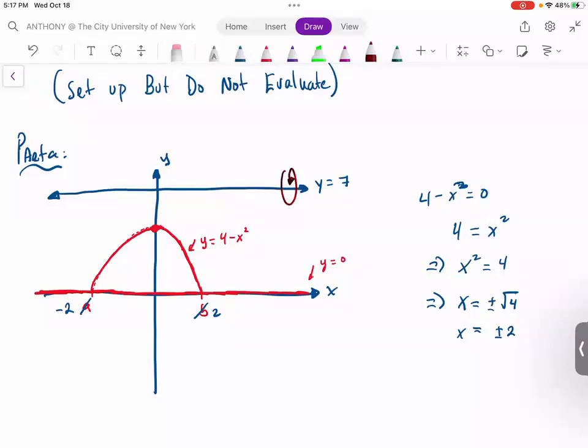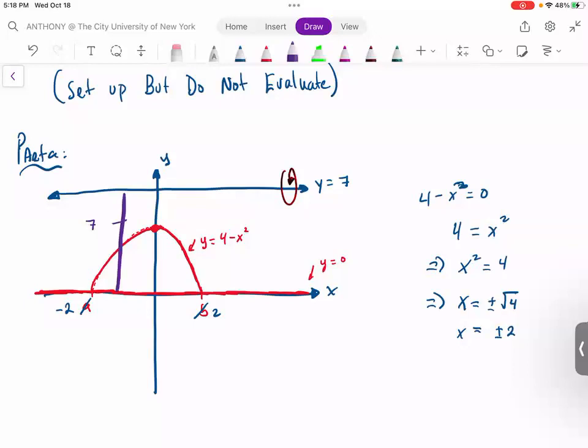Well, what do you think will be that distance between the x-axis and y equals 7? Not 11. Try again. You look at your x-axis, which is y equals 0, and look at the line of rotation, y equals 7. It's going to be 7, right? So we have this piece being covered. Okay, so this has a distance of 7.